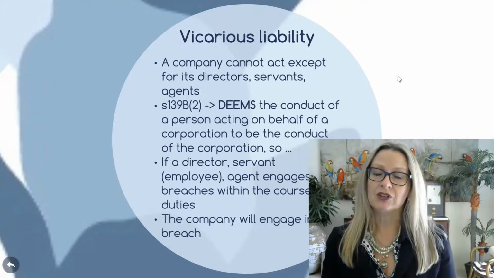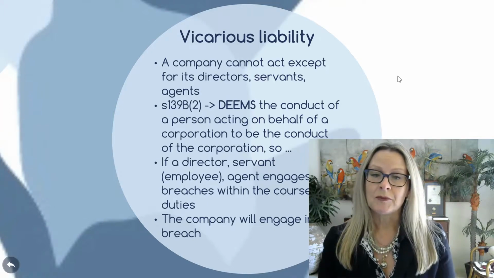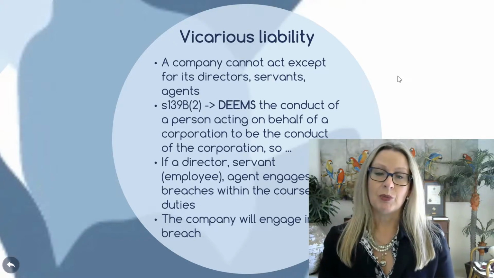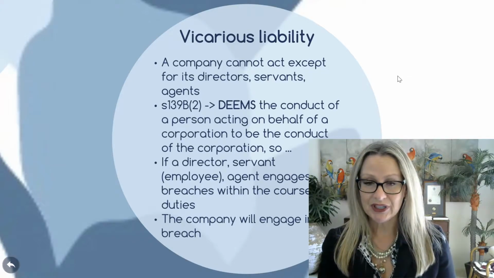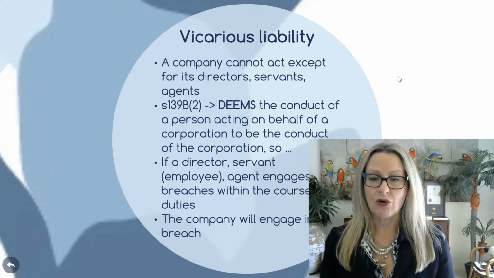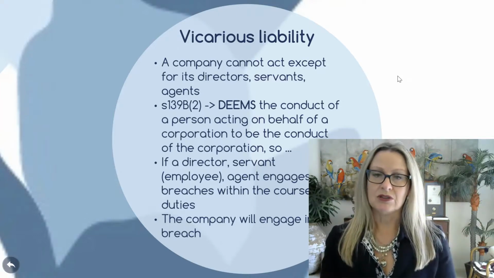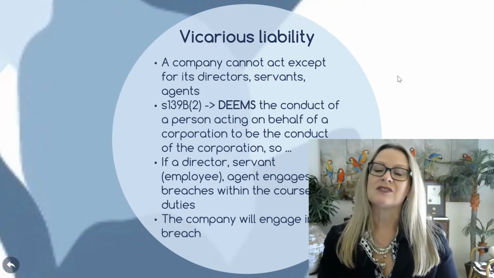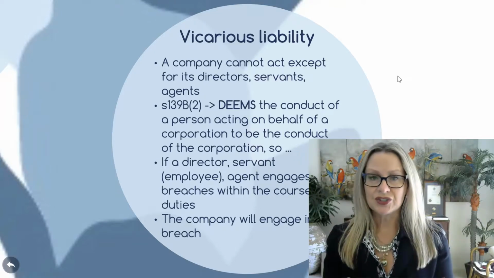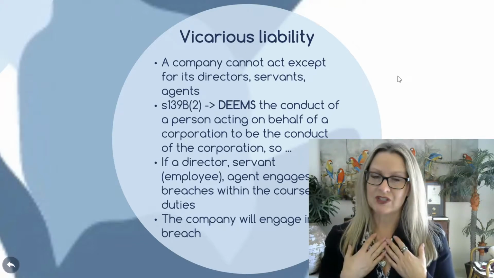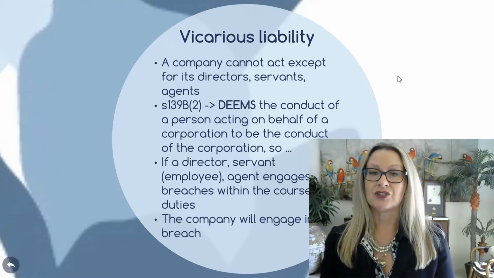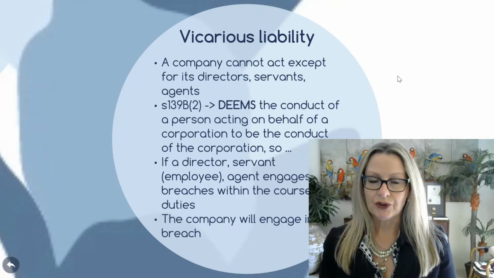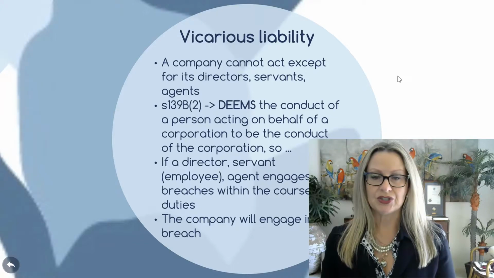Under section 139B sub 2, the Competition and Consumer Act deems the conduct of a person acting on behalf of a company to be the conduct of the company. So if a director, servant, employee, agent breaches the legislation, breaches, for example, what we're most interested in, which is the Australian consumer law, then that company will also engage in that breach.